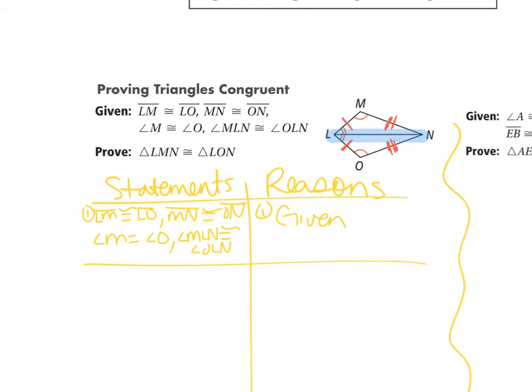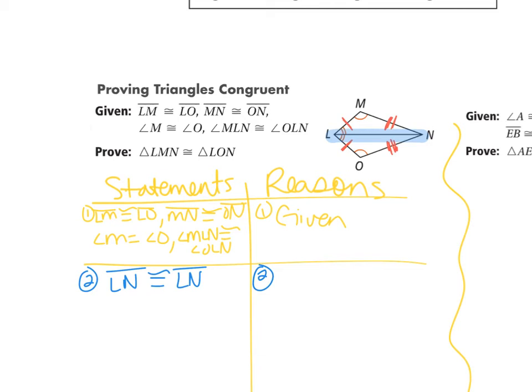This is kind of a silly one, but this comes up quite often. Is LN congruent with LN? Absolutely, it's the same line. So if LN is congruent with LN, which it is, this would be, I don't remember if you remember from Unit 1, we talked about this, and this property comes up a lot, so if you don't remember it, you need to have it memorized.